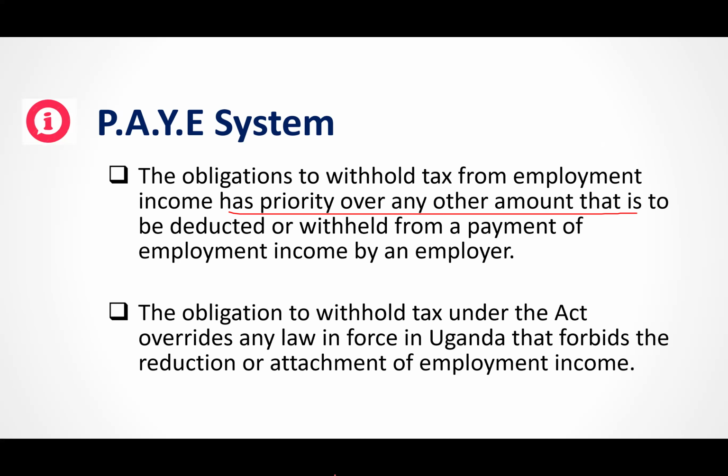So before your employees mortgage their salary to the bank, they must cater for the taxes. The taxman must be paid first. So the obligation to withhold tax under the Act overrides any law in force that forbids the reduction or attachment of employment income.